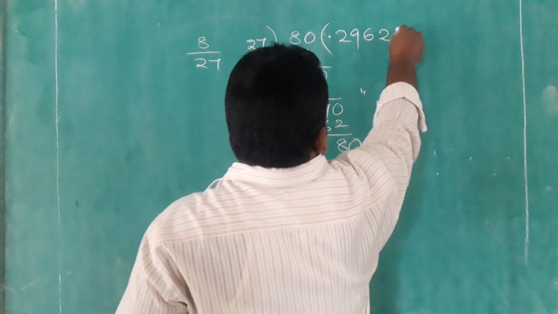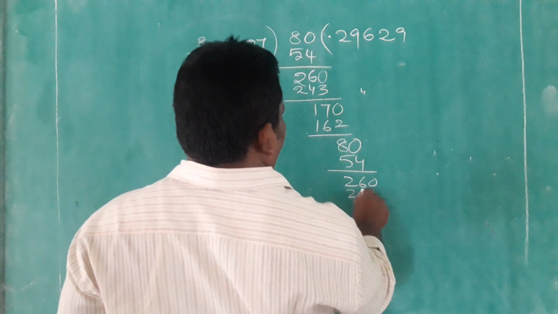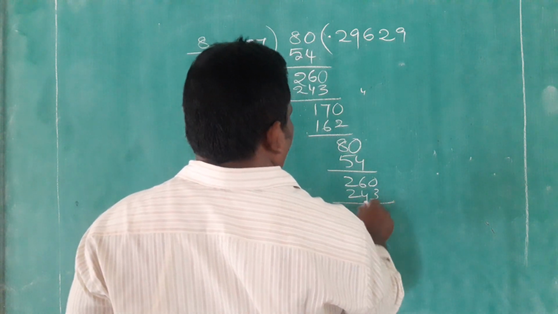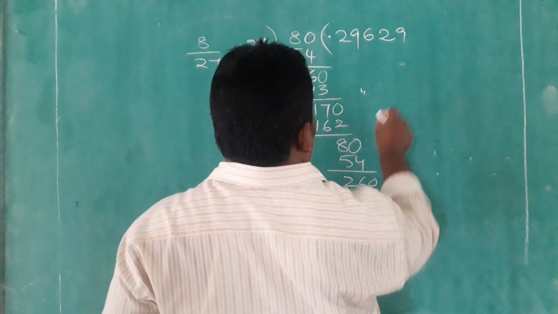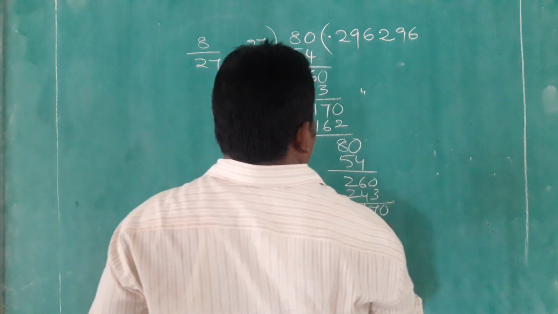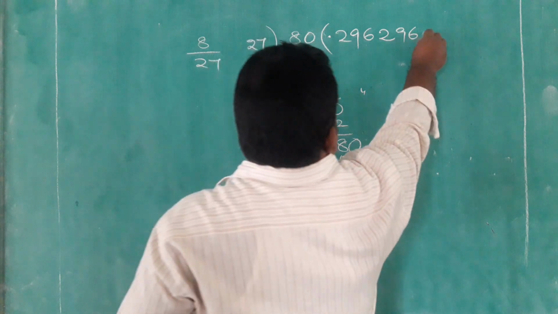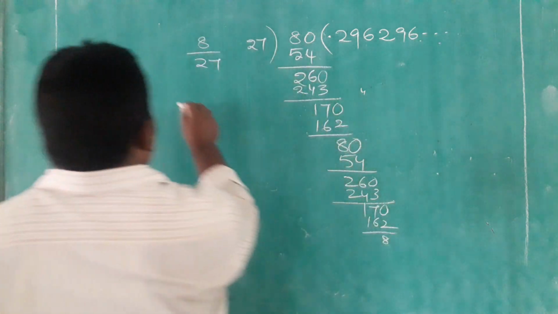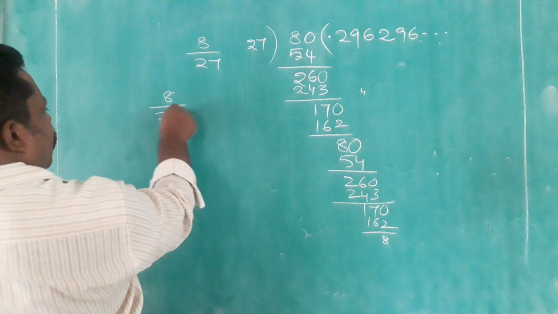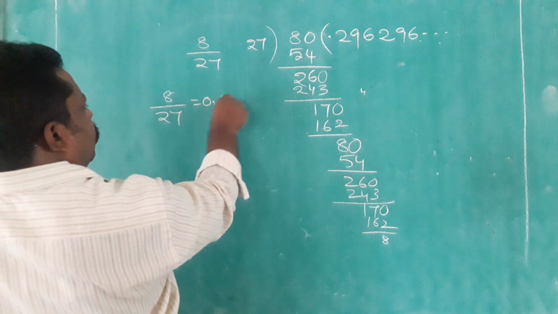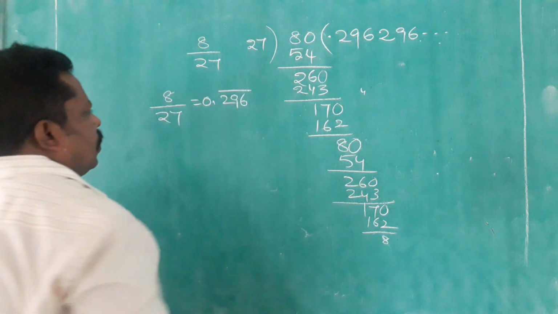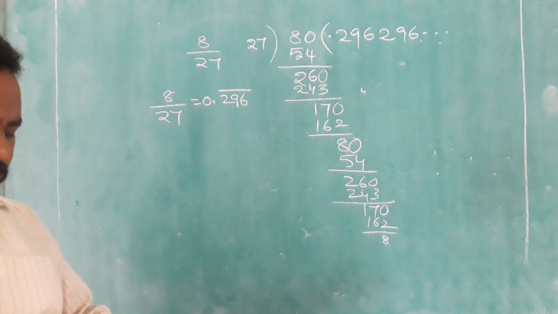How many times? 9 times, 243. Okay, 170. And how many times? 6 times. That means 162. Remainder 8. And so on and so on. Therefore, 8 by 27 is equal to 0.296 bar. 296 bar. Okay.